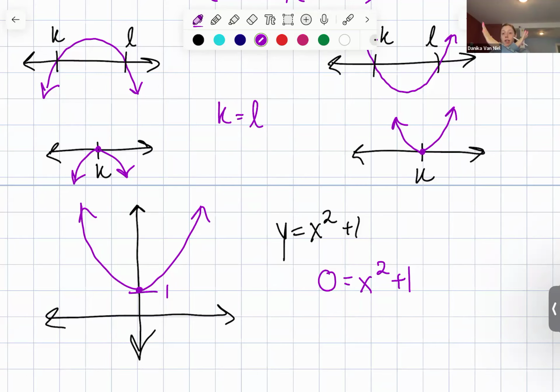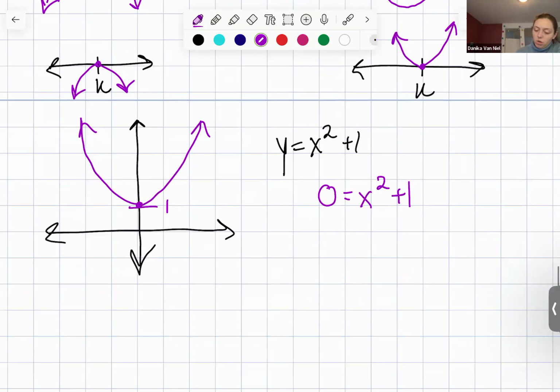And for this class, that means that there's not a solution. Okay. That doesn't mean you did something wrong. It just means there's not a solution. Okay. So no solution to this. Womp womp.